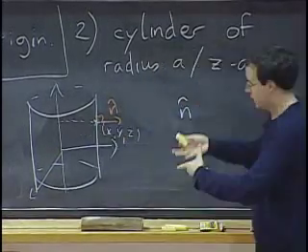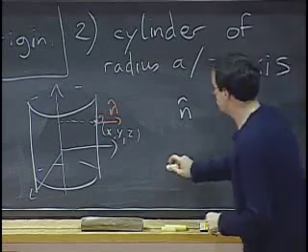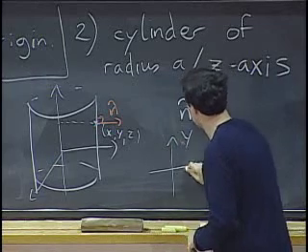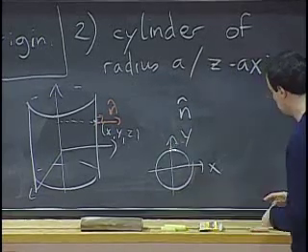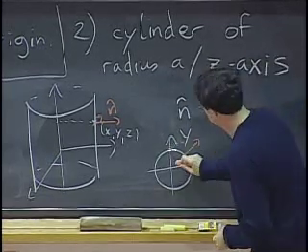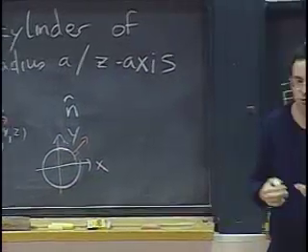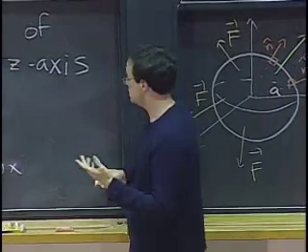That means, if I look at it from above, it's easiest to look at x, y. Then my cylinder looks like a circle, and the normal vector just points straight out. It's the same situation as when we had a circle in the 2D case.